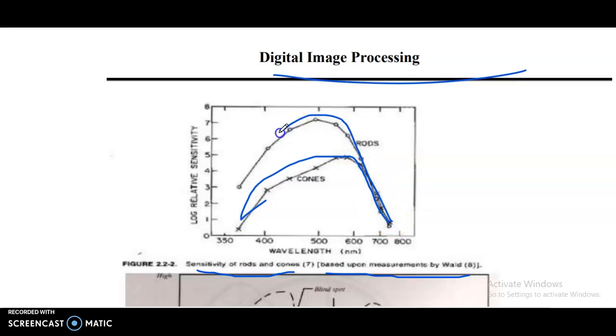This is the rods' sensitivity. Log relative sensitivity versus wavelength. Both are the same in wavelength, but the log relative sensitivity of the rod is more than the cone.